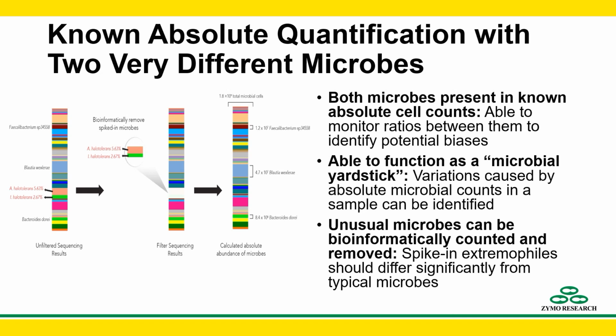We then calculate the absolute abundances of other microbes if we are so able to. That obviously requires a little bit of prior information as well. But we also just gain the ability to compare the abundance of other microbes in total to our spike-ins, and that will actually give us a very good idea for just the overall microbial richness of the sample.